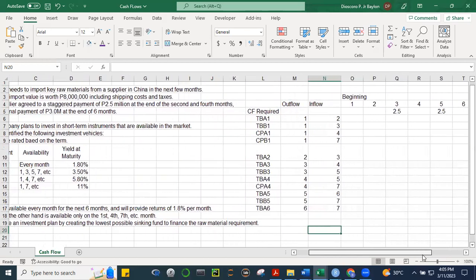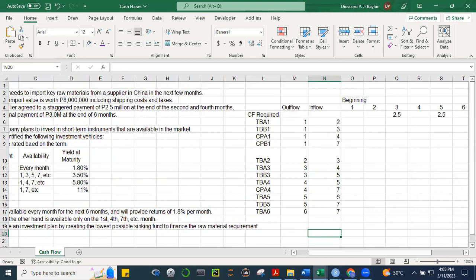I think, sir, it's minimizing. Yes, correct. We're minimizing something. What are we minimizing? The investment amount. Okay, so what will be our equation? Min Z is equal to? So you're correct. We would like to minimize.